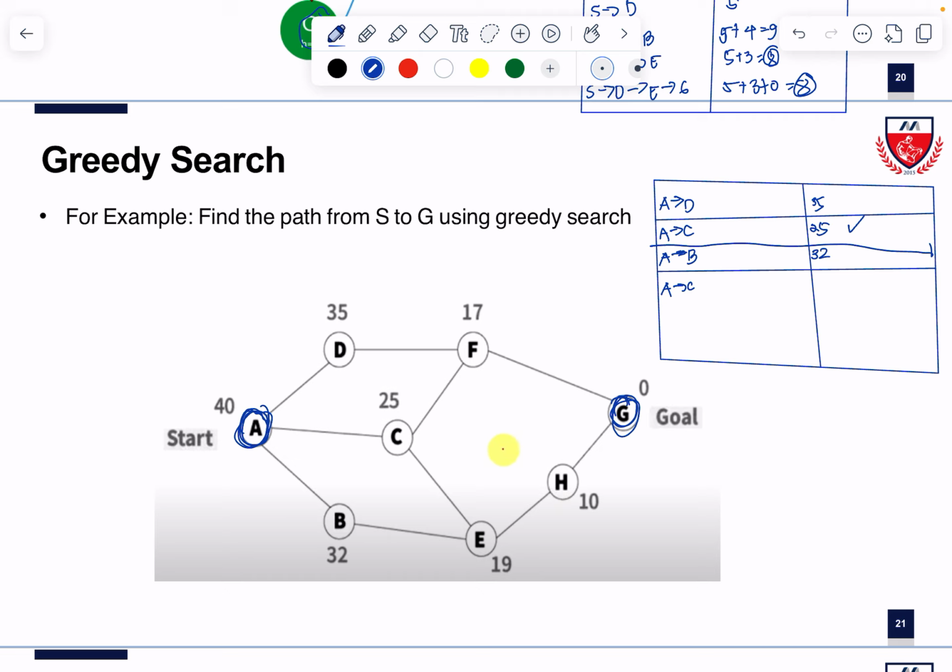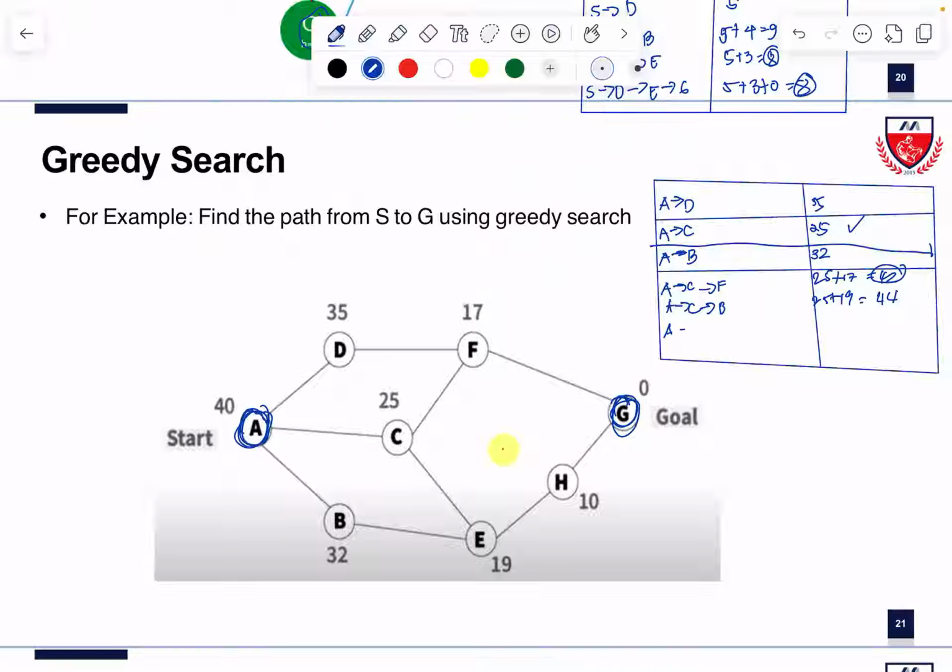So A to C, now we will visit F. Visiting F first, that's 25 plus 17, and that is 42. AC only has two children, F and B. So ACB, that's 25 plus 19. Obviously, that's 44, yes, 44. So of course, we will choose 42 as our shorter path.